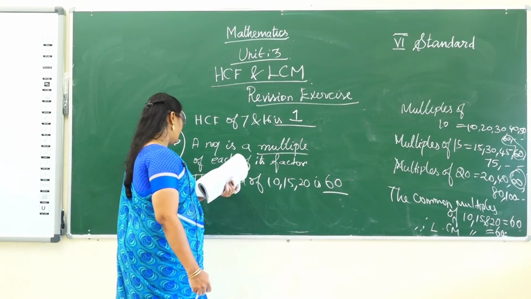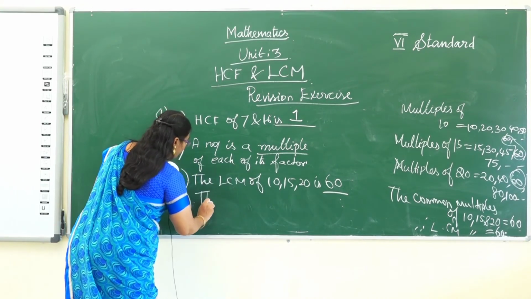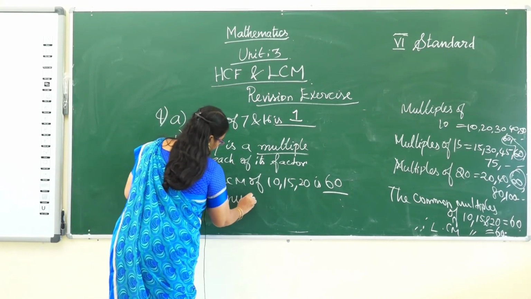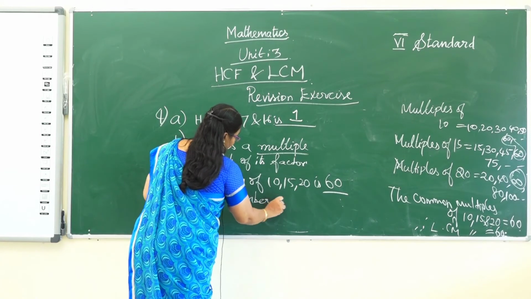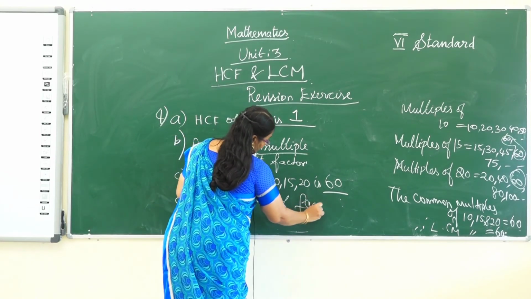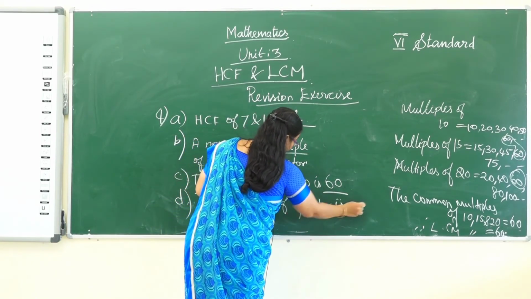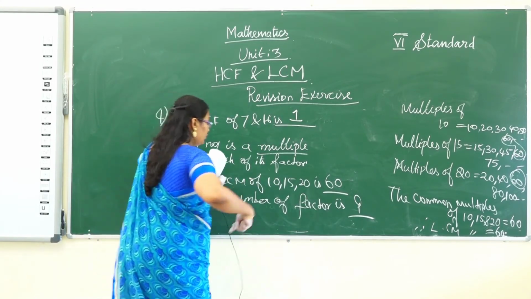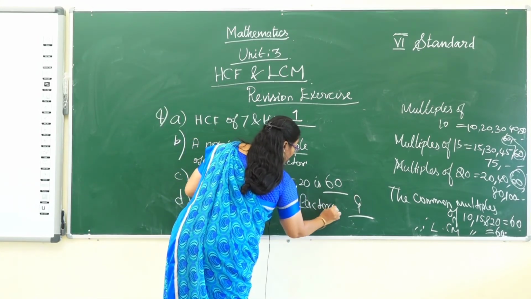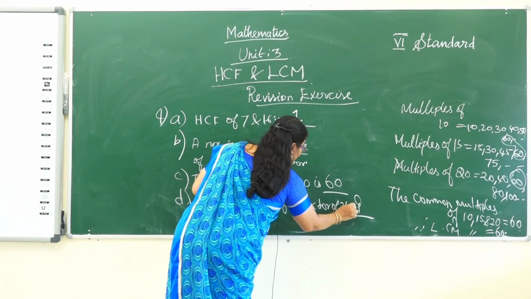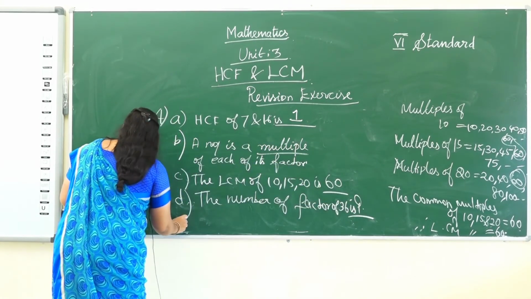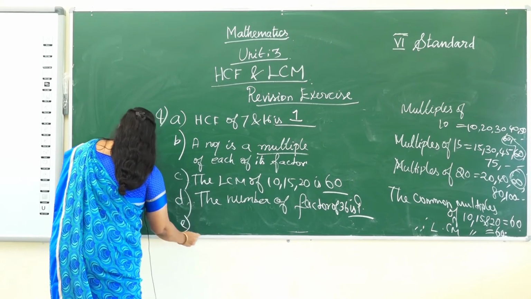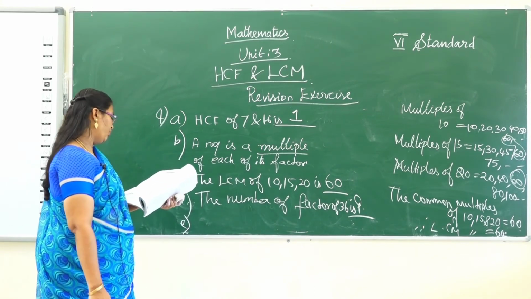And D: the number of factors of 36 is 9, as given in the choices. And then E: a multiple of 11.